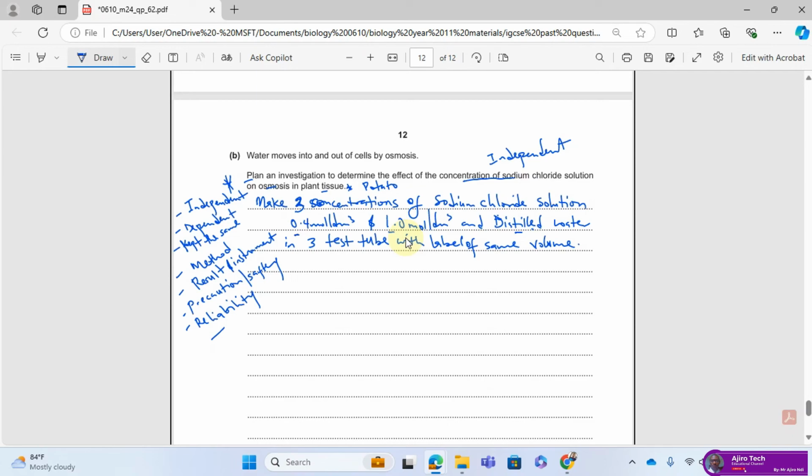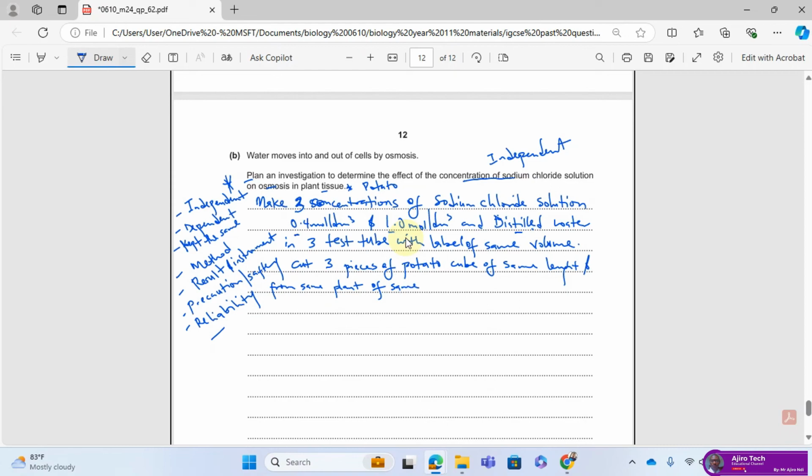What are we going to measure? We are going to first look at our methods and what we keep the same. So in the method, we are going to cut 3 pieces of potato cube of the same length and from the same plant, of the same mass too.